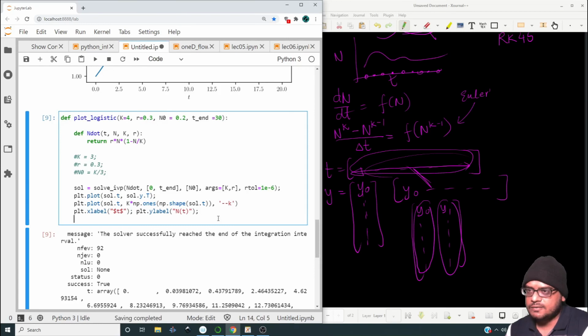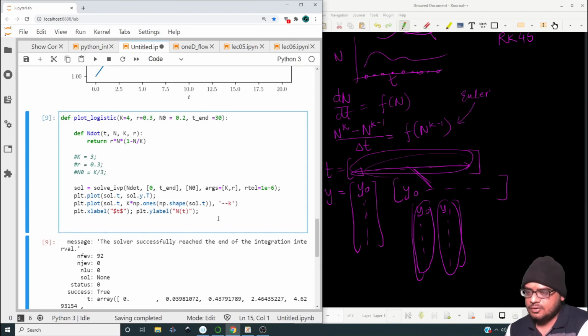So once we're done with this, let us call w equal to interactive. Then we will pass the function handle which will call the interactive thing.